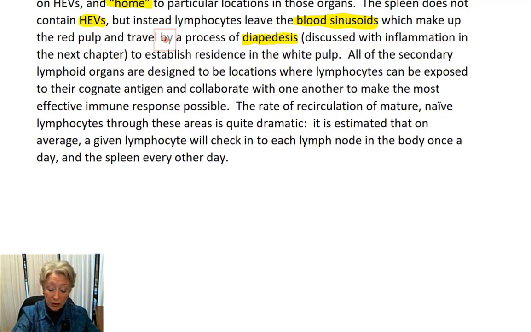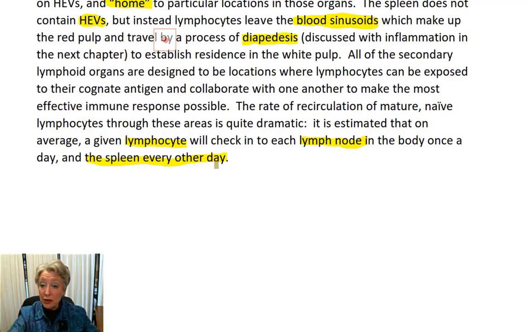And the rate of recirculation is truly astronomical when you think about the number of cells in total in the human body. Each lymphocyte will check into every lymph node you own on average once a day, and the spleen every other day. So they are literally coming into these organs, sniffing around for danger, and moving on to the next if they don't find it.